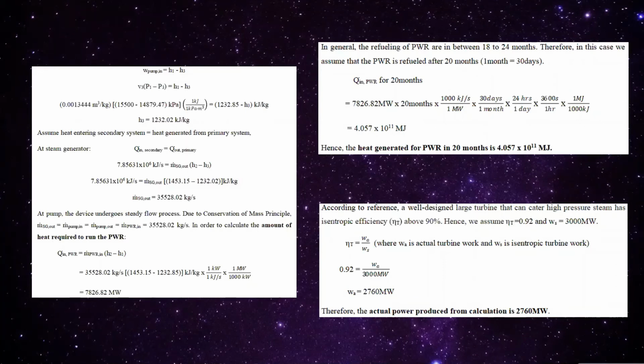Since we assume the PWR is refilled after 20 months, the heat generated in 20 months is 4.057 times 10 to the power of 11 megajoule. By assuming the isentropic efficiency of the turbine is 0.92, we managed to find the actual power produced from the calculation, which is 2,760 megawatt.